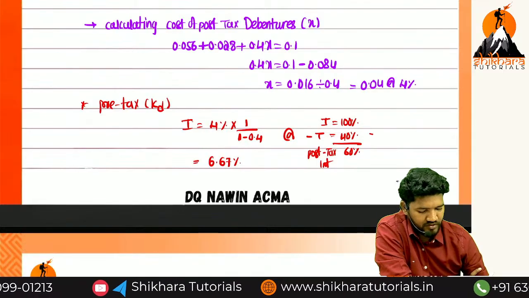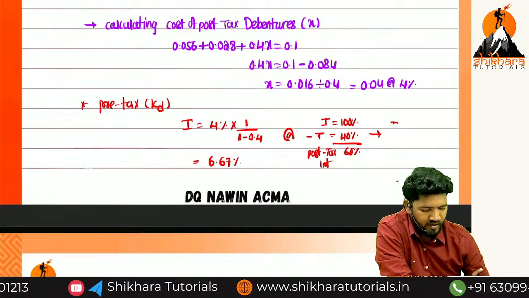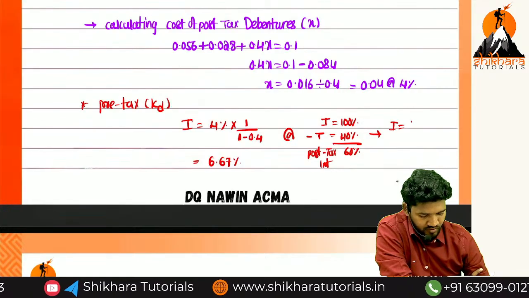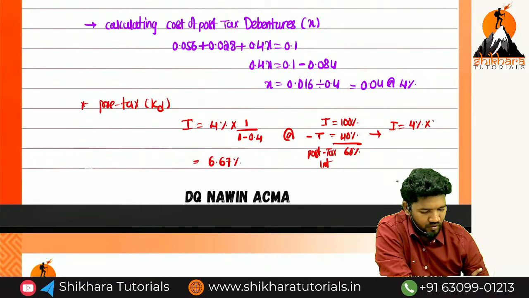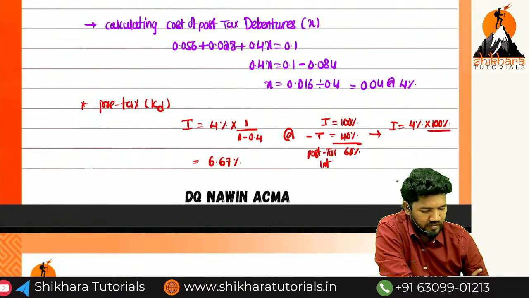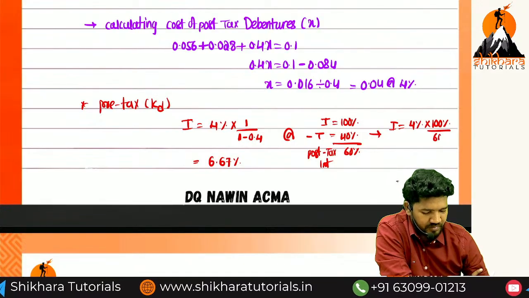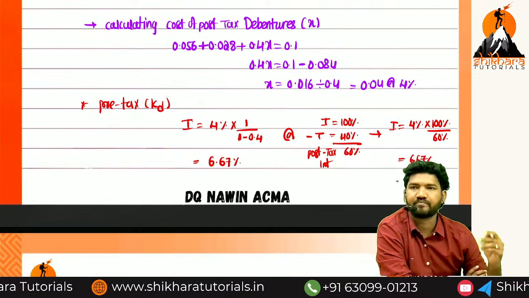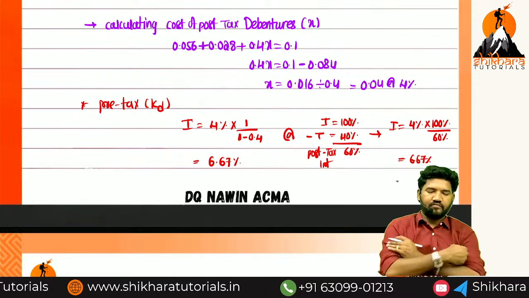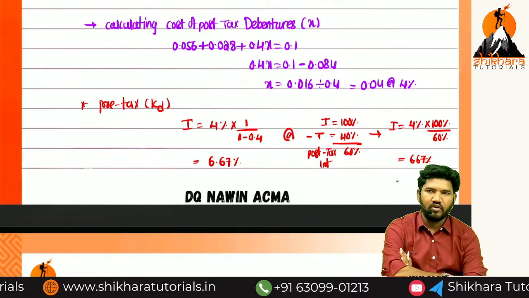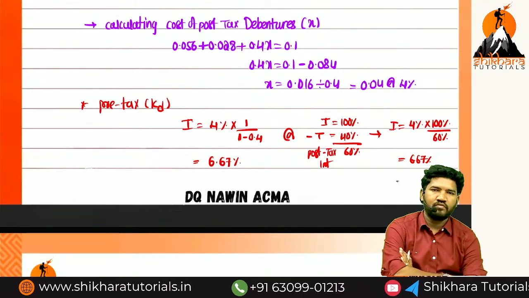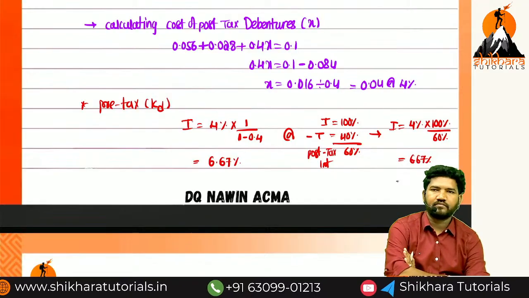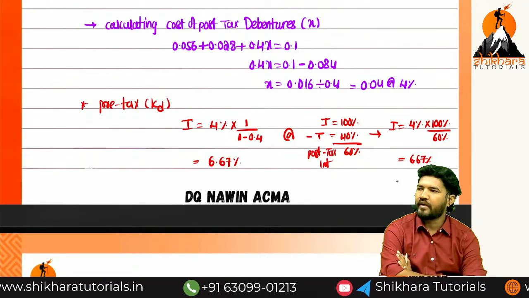With this logic also you can calculate. I equals 4% into what your requirement, 100%, it is equivalent to 60%. 6.67%. Two alternatives. You can choose what you want. Are you okay?